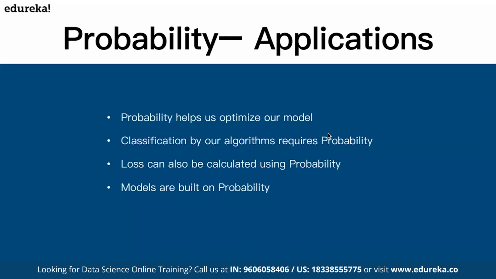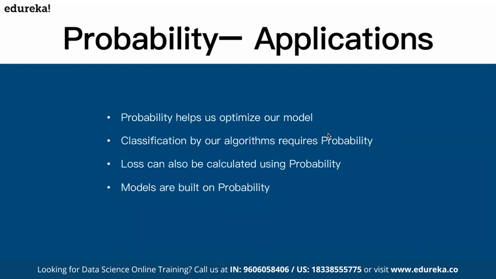Classification problems mean whether the hotel is 2-star, 3-star, 4-star or not, whether this event will occur or not occur, whether the person will fail or pass in the class. All the yes or no, true and false, maybe 3, 4 or 5 categories will work. So all the classification problems use probability. Loss can be calculated using probability. Models are built on probability.